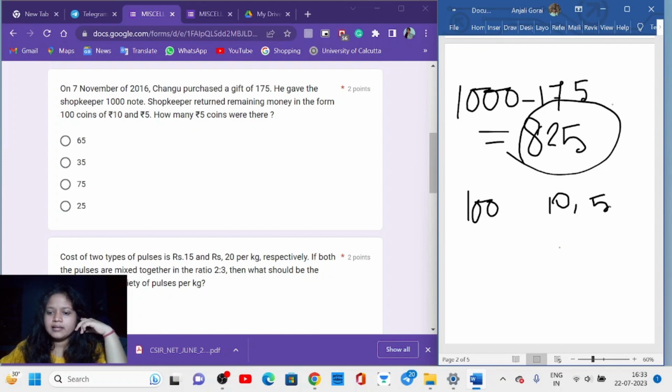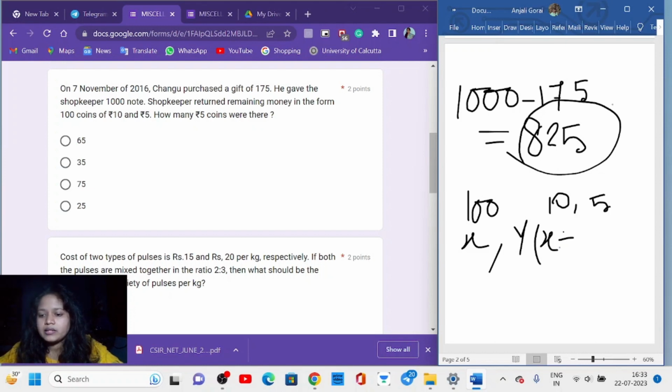So suppose x is the number of 10 rupee coins and y is the number of 5 rupee coins. Now we can easily say that x plus y equals 100. Okay, understood. Now 10x plus 5y equals 825 rupees, this is our remaining money.